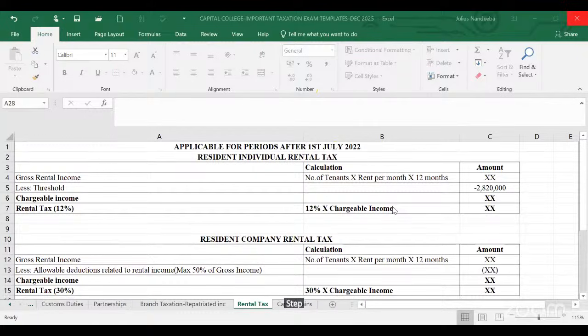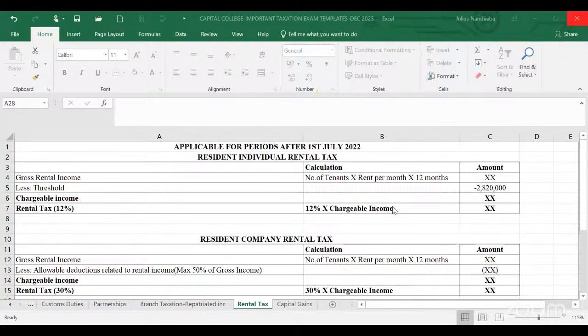Step number 2, irrespective of the income you have earned as rental income, every individual has one deduction. Every individual has only one, and that deduction is called the annual threshold, and it is only 2,820,000. It doesn't change.